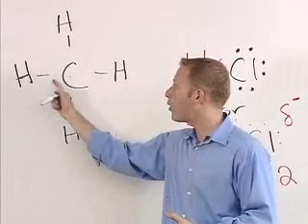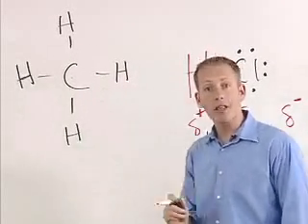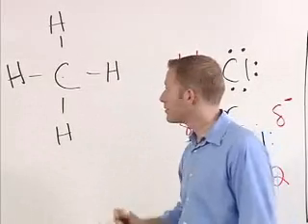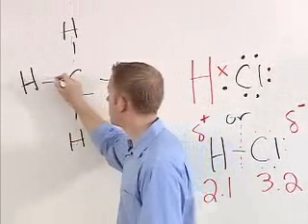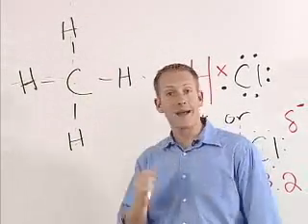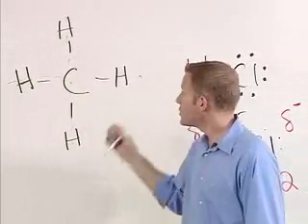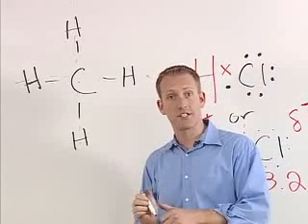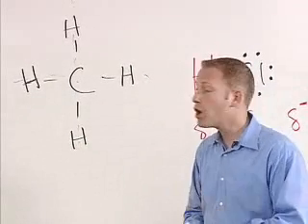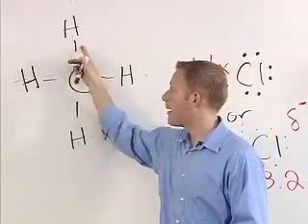So there are 4 polar bonds. But the molecule as a whole, cut it down the middle, fold it over, cut it down the middle, fold it over, is symmetrical. So this represents a nonpolar molecule, because it's a symmetrical molecule, with polar bonds.